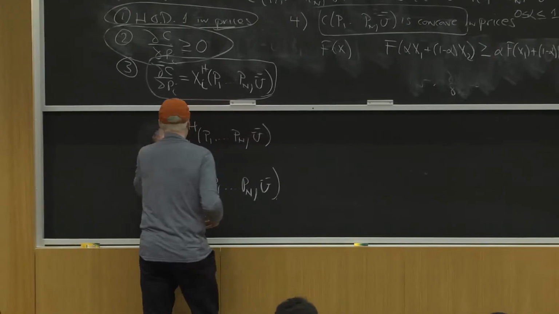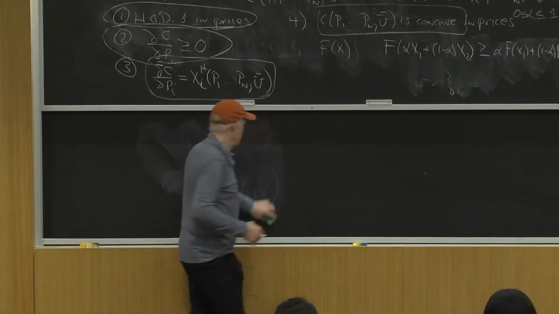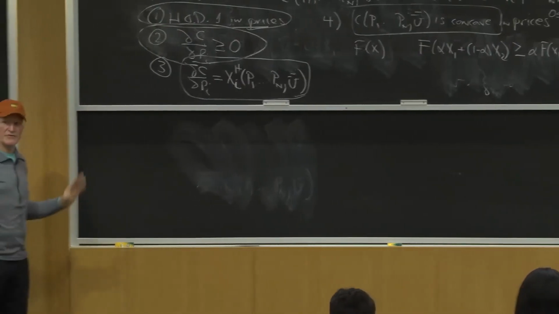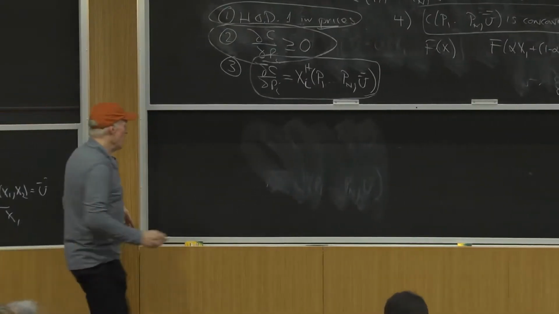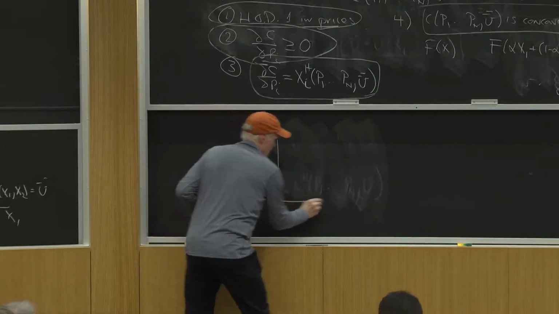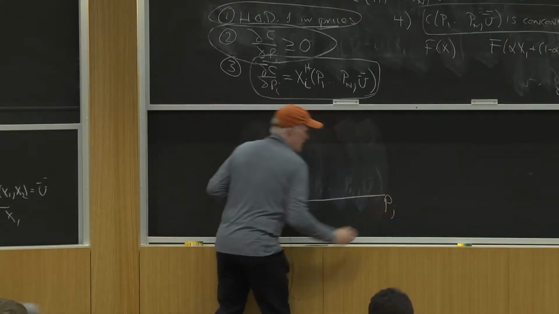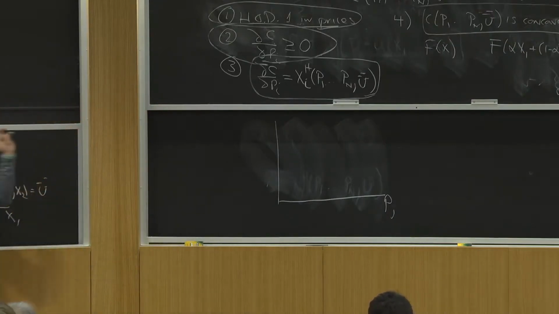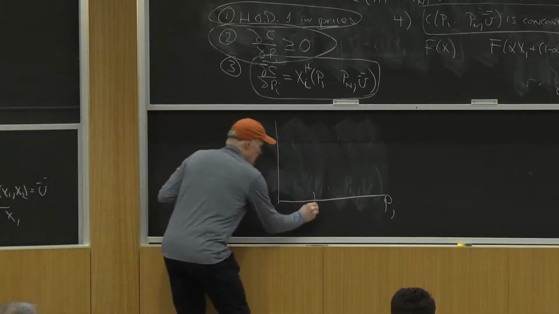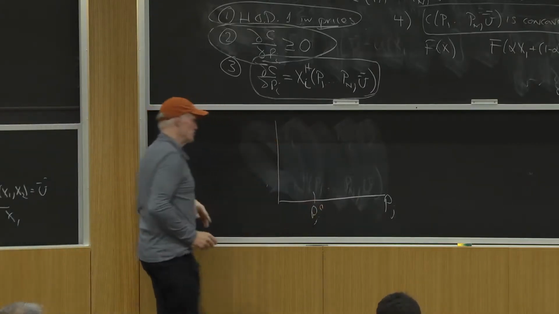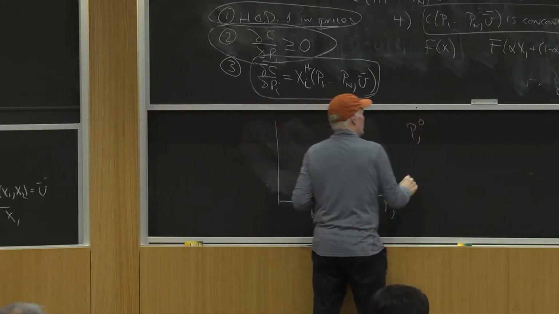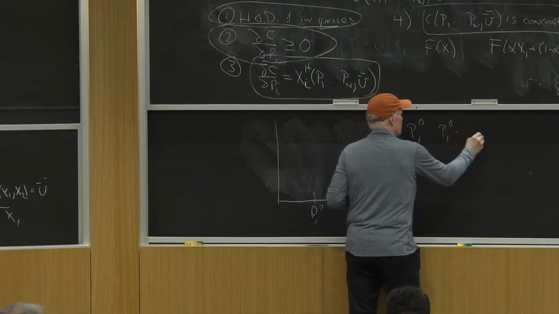So I want to think about it in a unidimensional case. You could also think of it as a multidimensional case, where you would just be moving along some vector, but I'm not going to care about that. Here's the price of good J, and in my experiment, the only thing I'm going to move is the price of good J. I start at some PJ naught, the initial price, so I have PJ naught and P1 naught all the way up to PN naught.